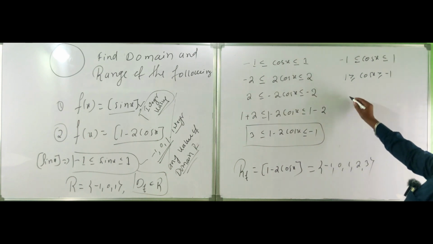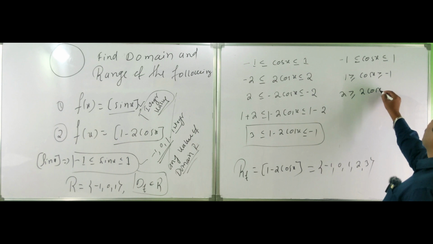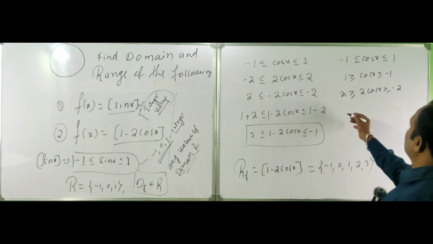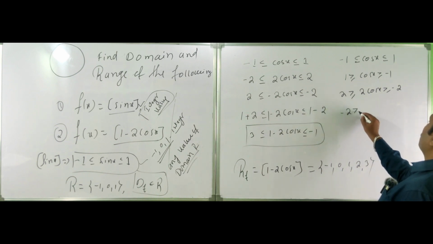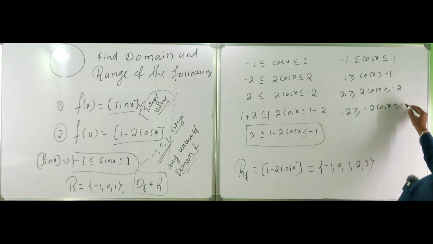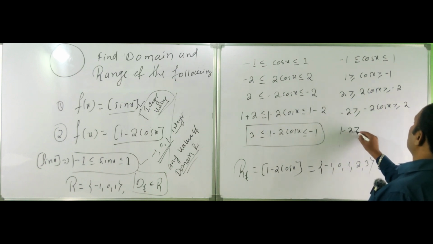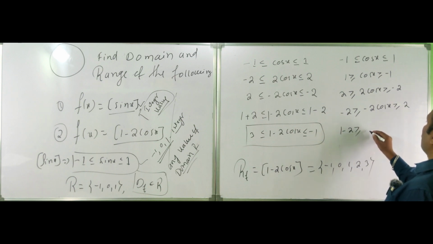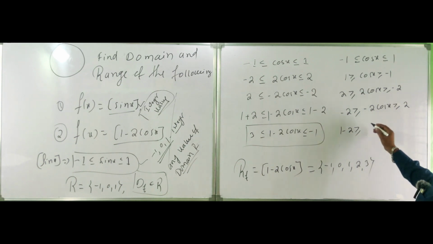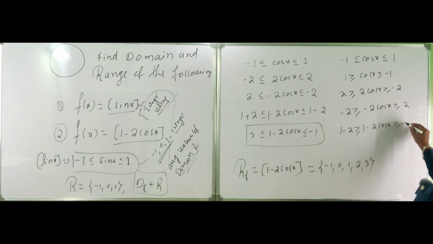Then we want 2 cos x: 2 is greater than or equal to 2 cos x, which is greater than or equal to minus 2. Then we have to take minus: minus 2 is greater than or equal to minus 2 cos x, which is greater than or equal to plus 2. We want 1 minus 2 cos x, and so 1 minus 2 cos x is greater than or equal to 3.